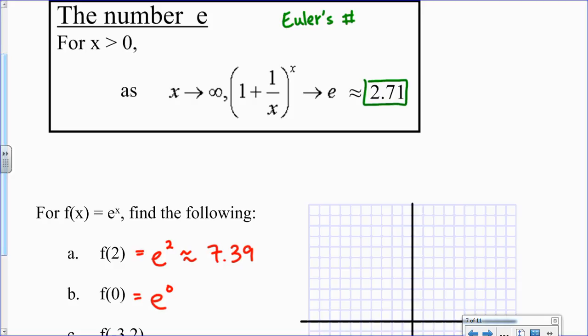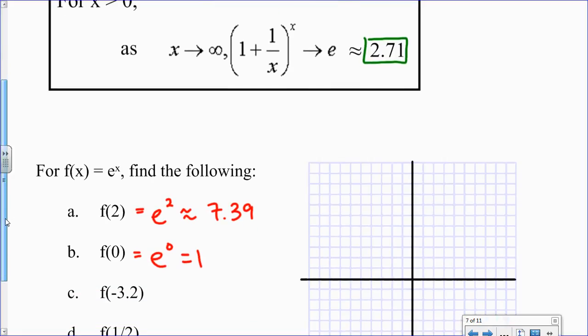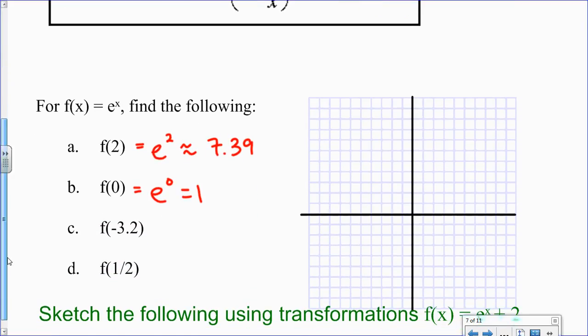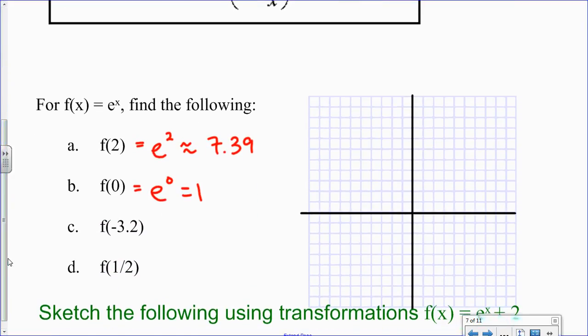Okay, e to the 0. Well, anything to the 0 power is 1. Exactly 1. So go ahead and do these last two.